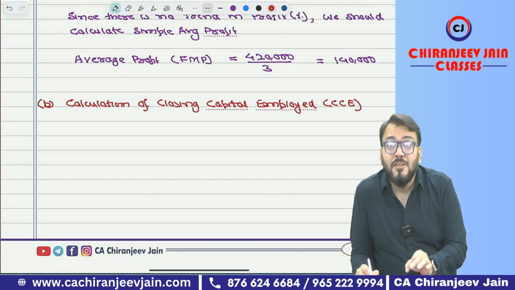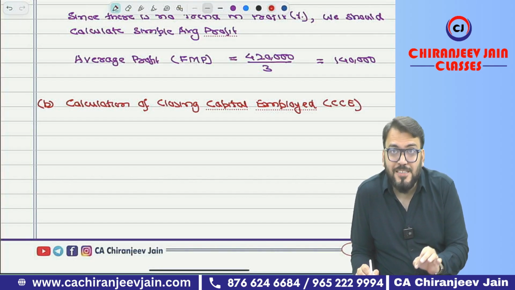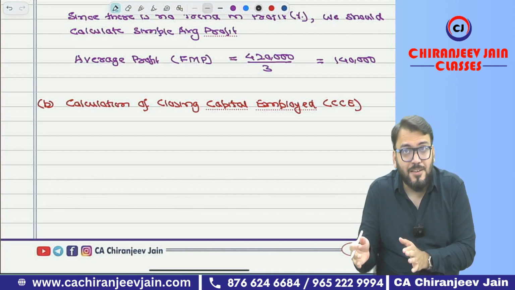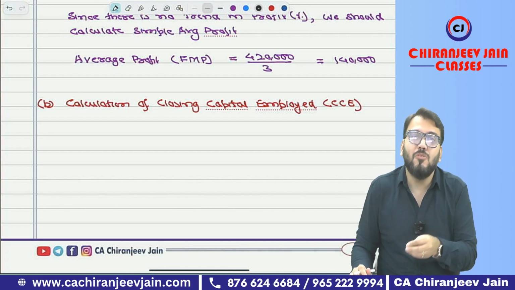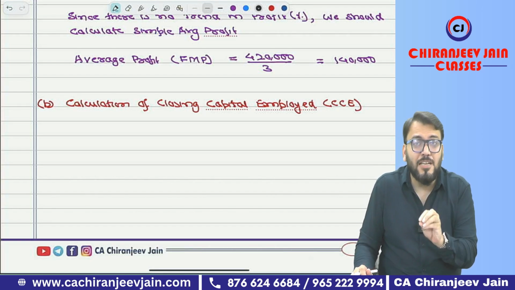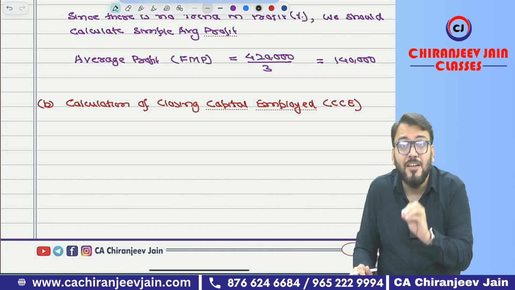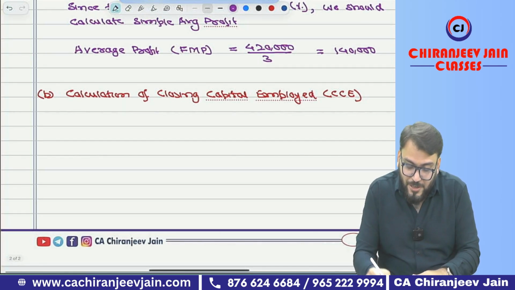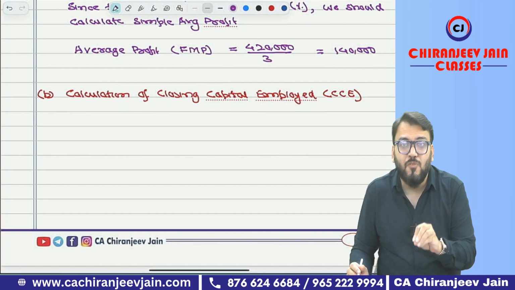Because we want this as per the information given in the question. In simple words, closing capital employed means all assets at fair value, current value, minus all liabilities at current value. So whatever fair value information is given, we'll take that. If fair value information is not given, we'll assume book value and fair value are the same.